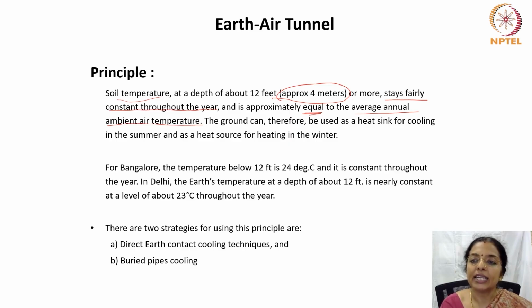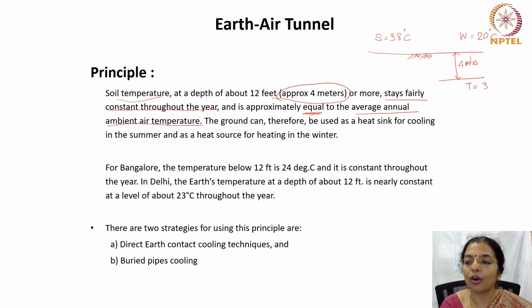If this is the ground level, and for this location the summer temperature is about 38 degrees centigrade and the winter temperature is about 20 degrees centigrade, then at a depth of 4 meters from the ground, the temperature of the soil will be the average of the summer and the winter temperature.